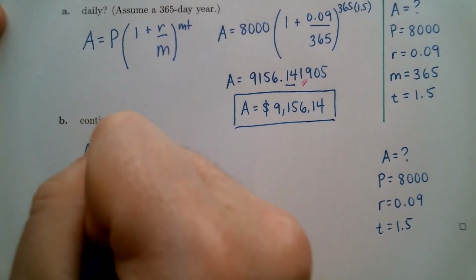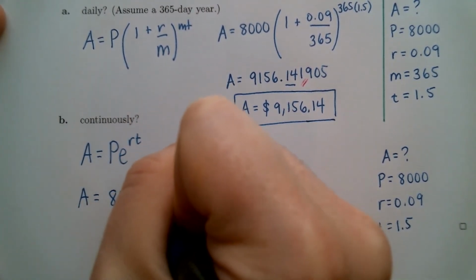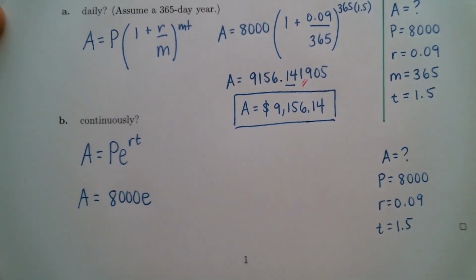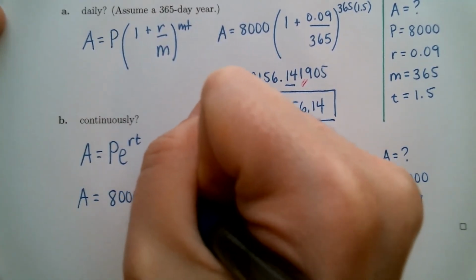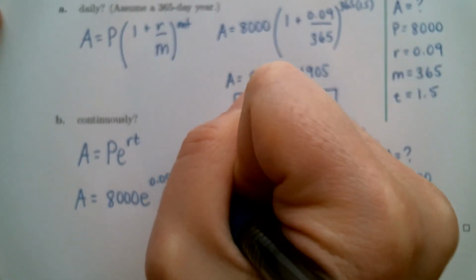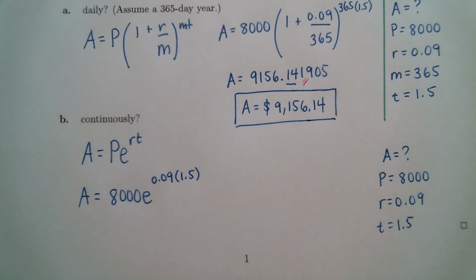Okay, so let's plug into this. It's going to be A equals 8,000 times E. You do not round that to 2.71. You're going to have to use the full E decimal expansion. Raise that to the 0.09 times 1.5 power. Remember, R times T is in the exponent. Okay, so remember that.